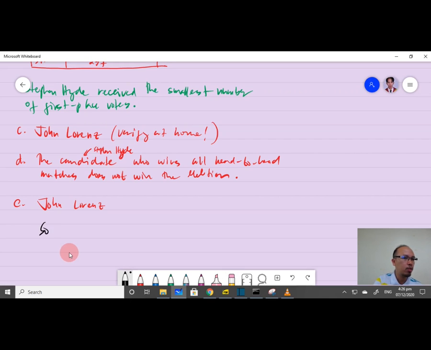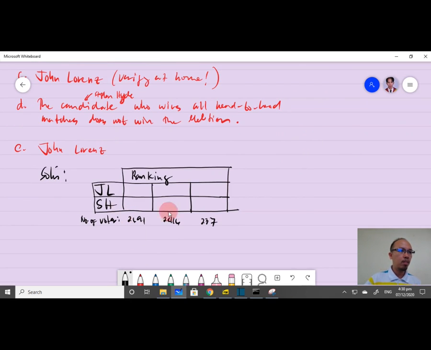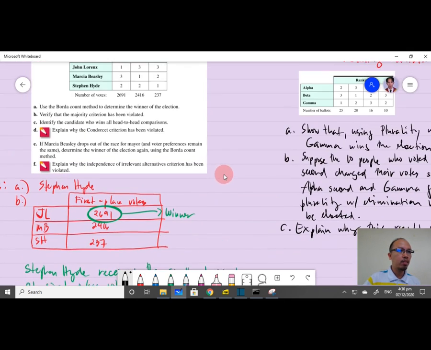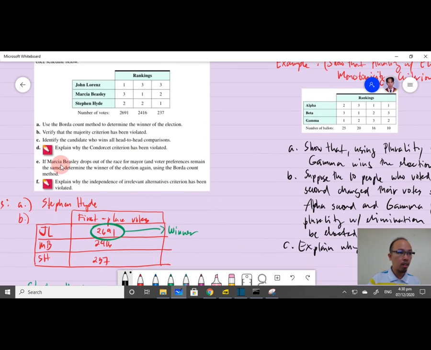Solution for letter E. I will make a table and then come back later after making it. Okay, so this is now the table that I've made. Let's go back to the given. It says here that Marcia drops out from the race, meaning to say we will delete Marcia.